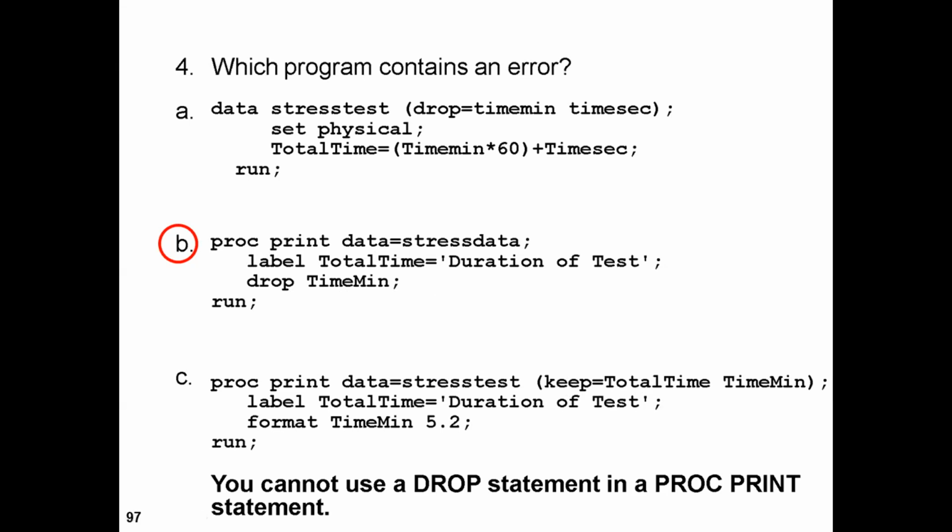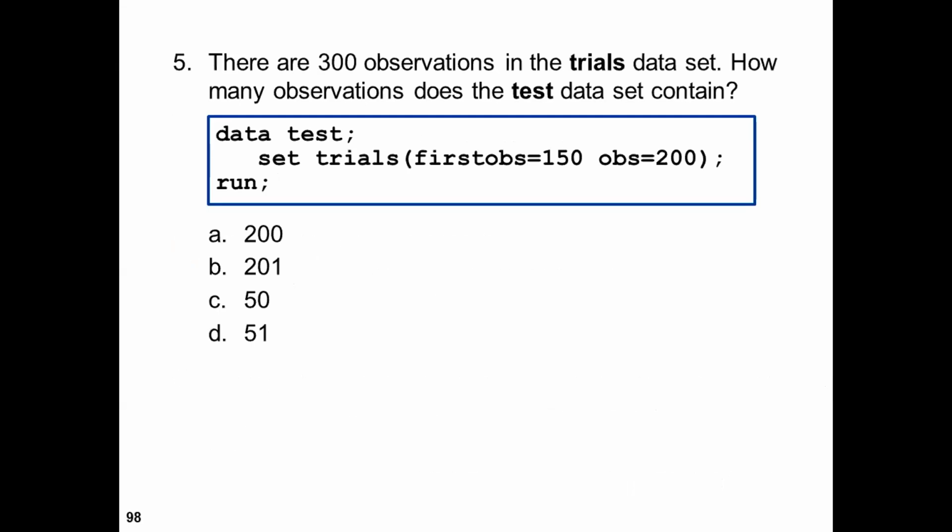Yes. There are 3 observations in the trials data set. How many observations does the set data set contain? 201. Okay.